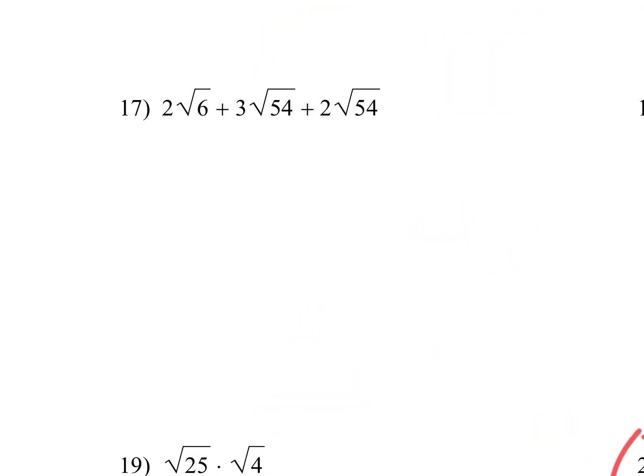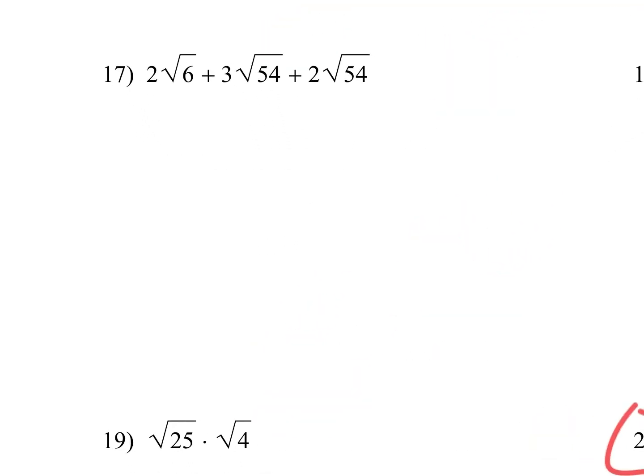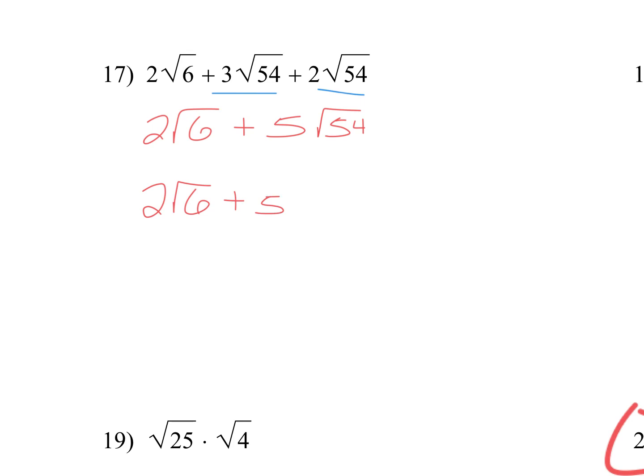17. Okay, first you want to look for like terms. Do I have like terms? Yes. Okay, let's take care of those first. So I have 2 square root of 6 plus, that would be 5 square root of 54. And then what do you always want to check for? Right, you want to see if you can simplify. Can I do anything with this 2 square root of 6? Nope, that one stays. But I can split up this 54.